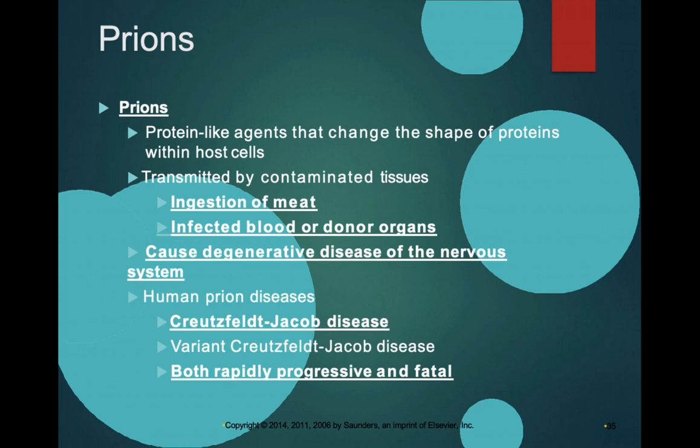They cause degenerative diseases of the neural system. When we get into the neural system, we'll talk about some human prion diseases like Creutzfeldt-Jakob disease or a variant of that. It is a very rapidly progressive disease, and not just progressive, but unfortunately fatal.